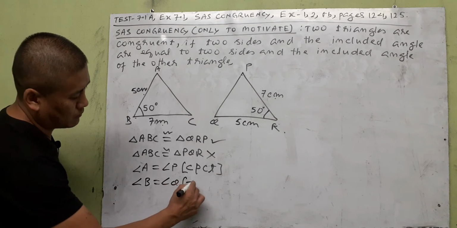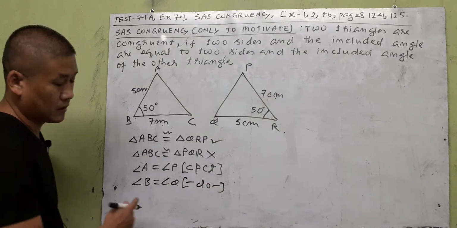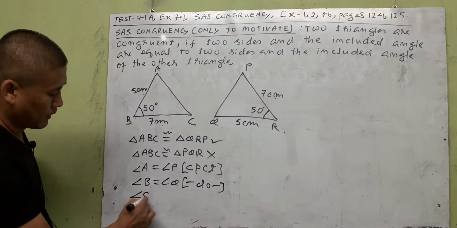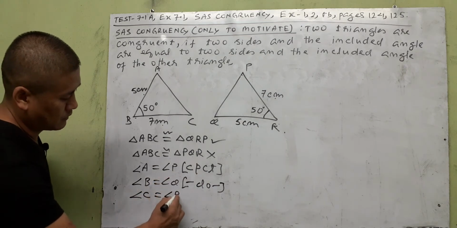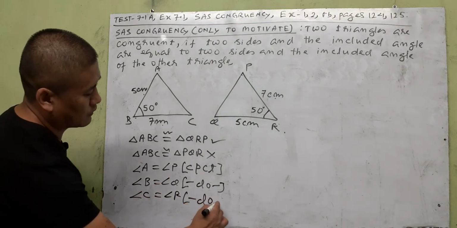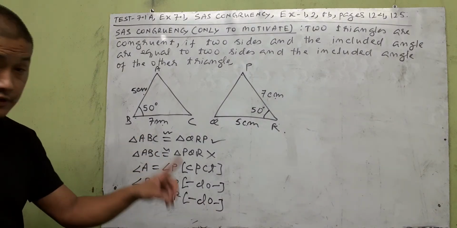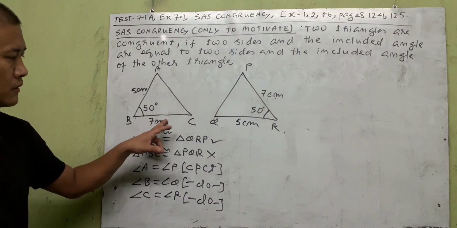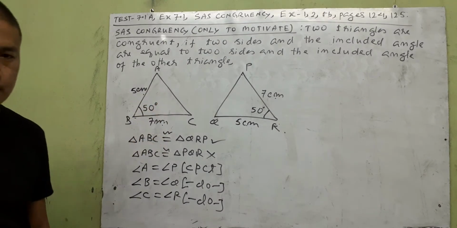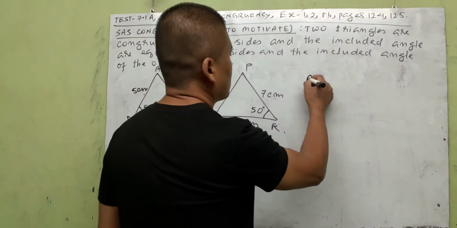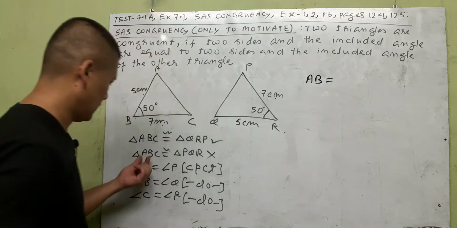We know this because of CPCT, corresponding parts are always equal. Third letter, and here third letter. So you can write along with me. The corresponding three angles will be equal, and the corresponding three sides, because each triangle has got three sides and three angles. So first two letters make the first side AB.